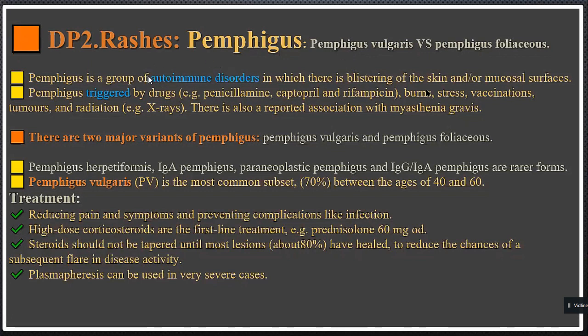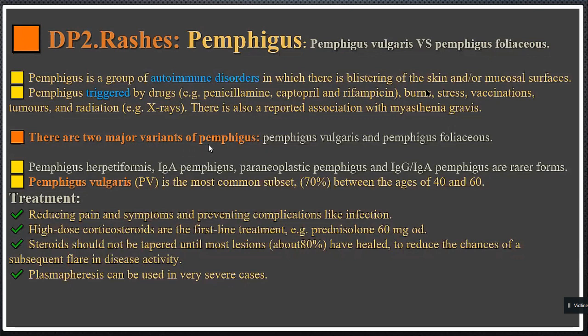So pemphigus here means autoimmune disorders in which there is blistering of the skin and/or mucosal surfaces, triggered by maybe drugs, burns, stress, vaccinations, tumors, radiation. Drugs here like penicillamine, captopril, rifampicin.